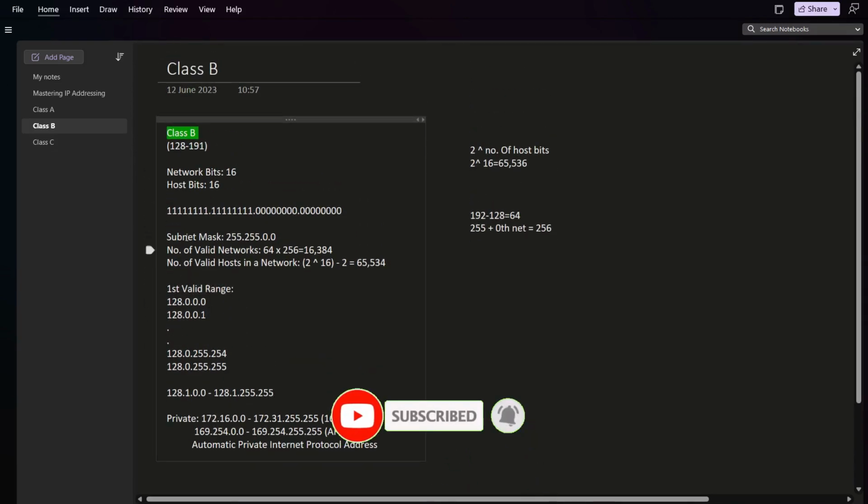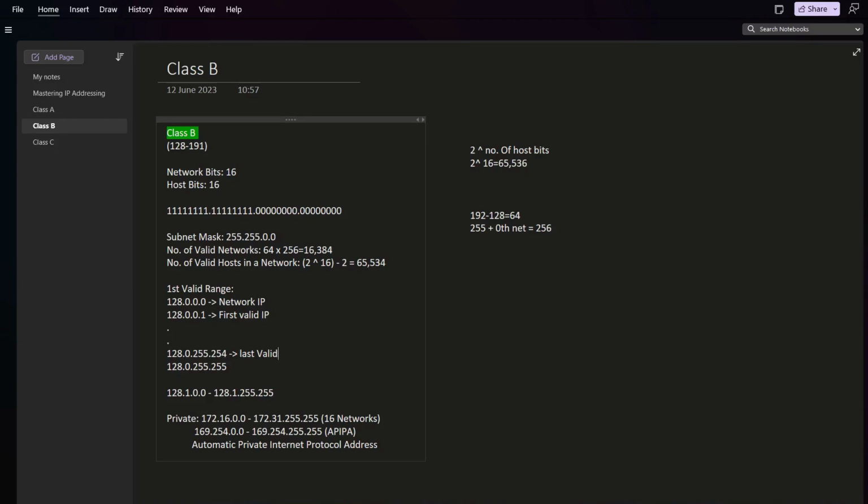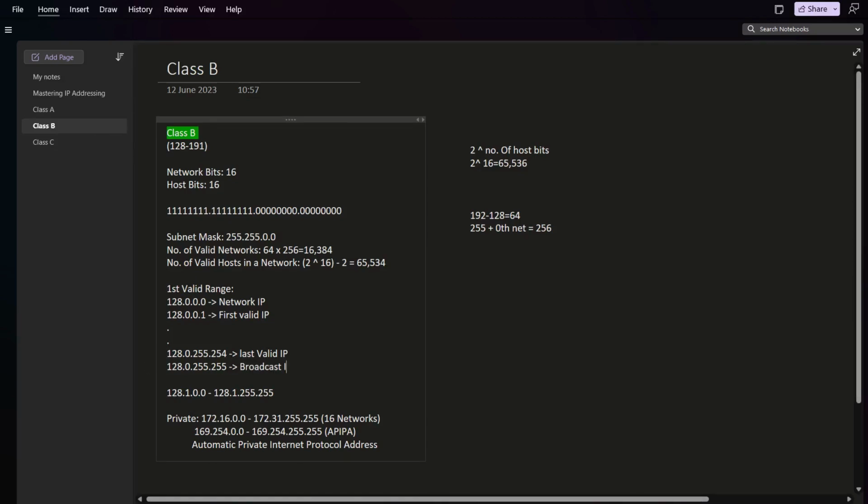The first valid range will start from 128.0.0.0, and we know that this is the network IP. This is the first valid IP, and this is the last valid IP, and this is the broadcast IP.